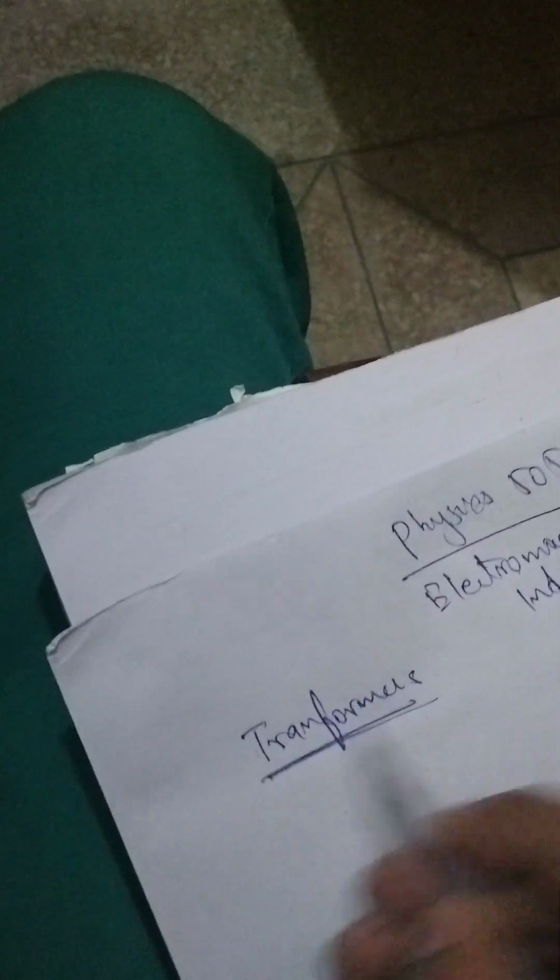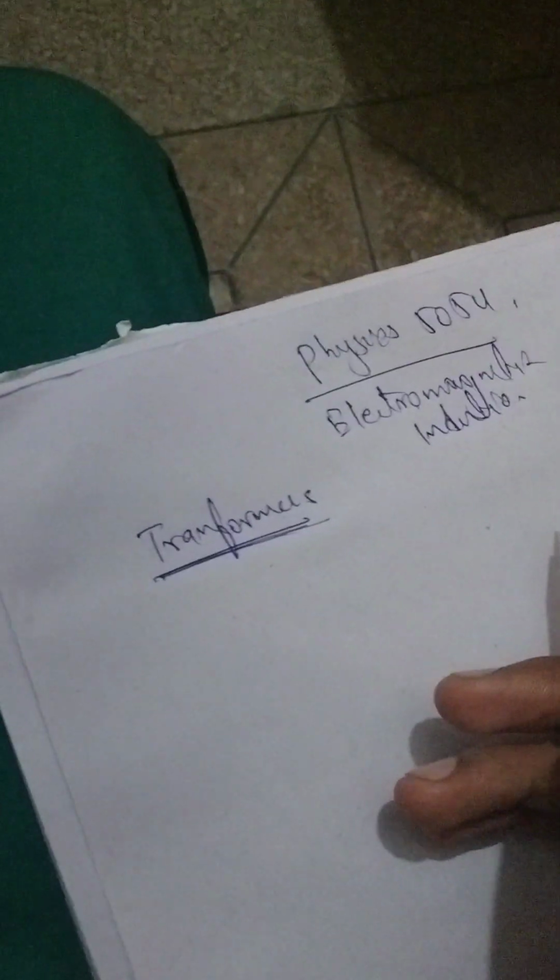And we will thoroughly understand how a transformer is constructed, what analogies are used here, what the types are, what the construction is, and what the principle of transformer is.